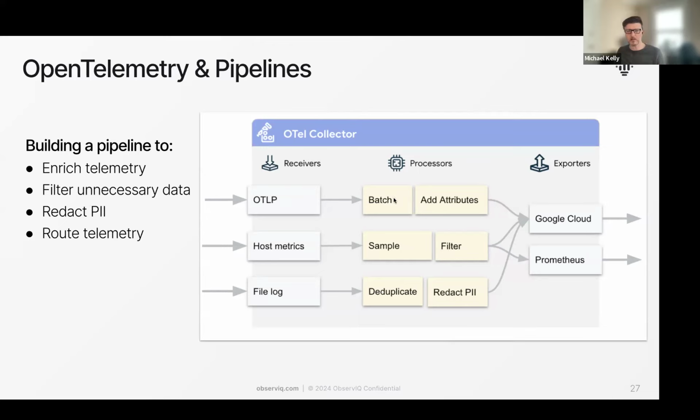So each OpenTelemetry collector will allow you to do this. We can implement things like batching or adding attributes or sampling or filtering. Also deduplicating and redacting or masking out data, and then routing it to the correct exporter. And all of this can be done within a single OpenTelemetry collector.